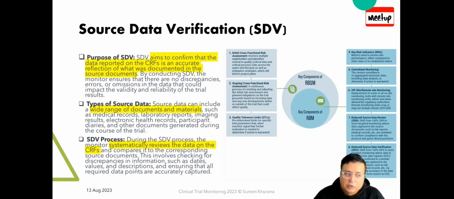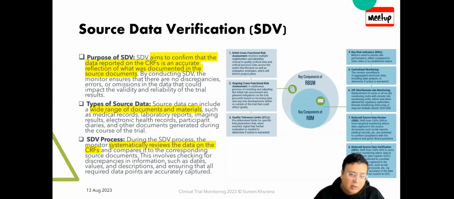Source data review is looking at the original source document to see that it's authentic. Source data verification is comparison of the data from the source documents to the CRFs. These are all components of risk-based monitoring, and I will show you a trend which is happening recently.